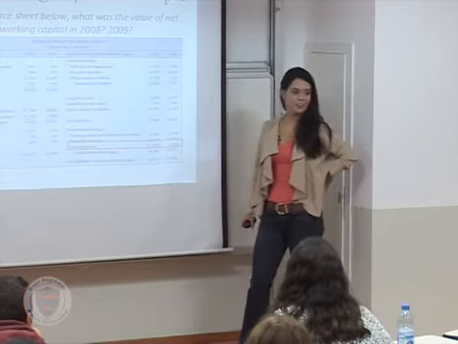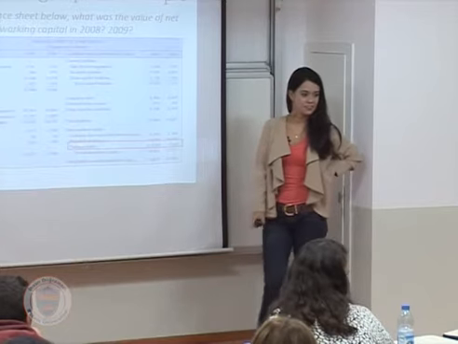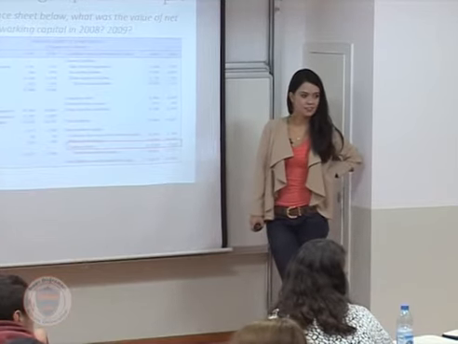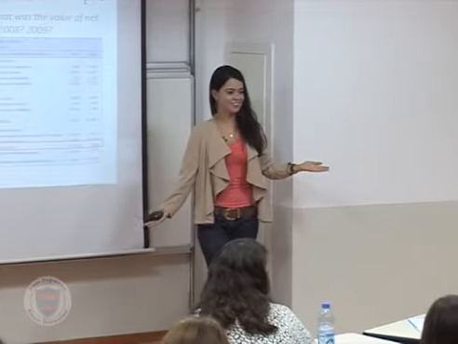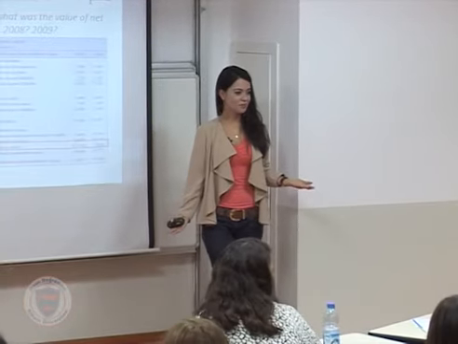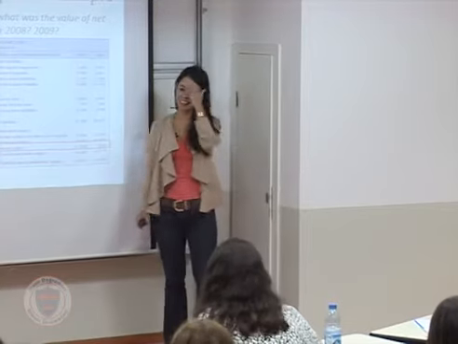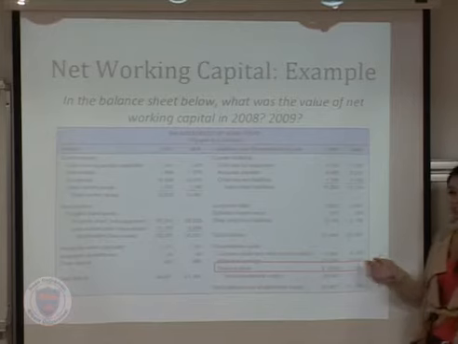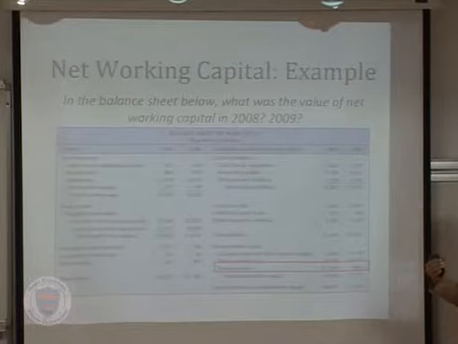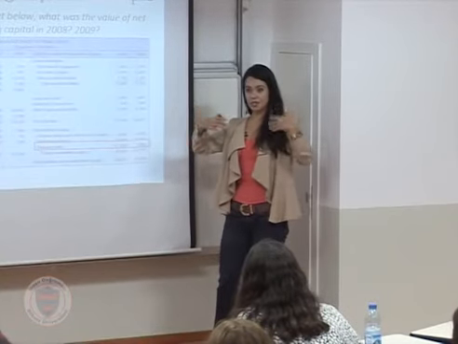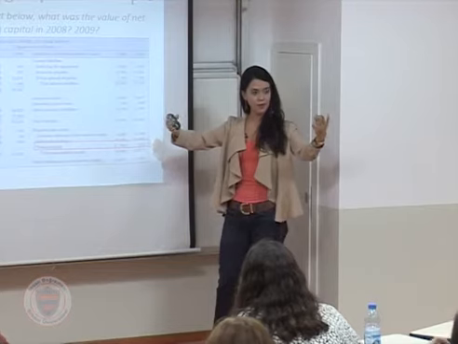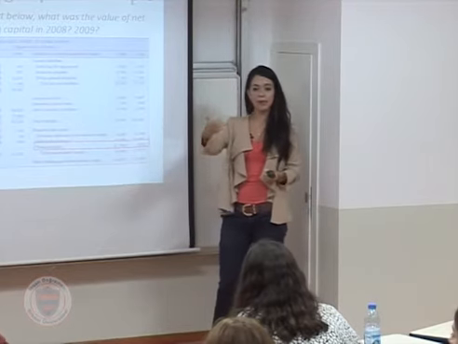Treasury stock is like the shares that the company bought from the markets. Exactly. There were shares outstanding. It was issued, sold to the public, but then the company bought back some of them.